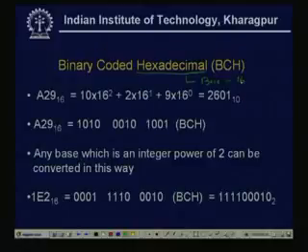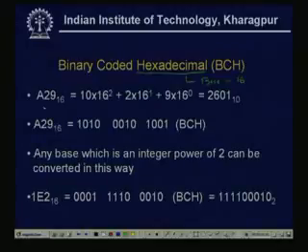Already we have read in the last class. Now, we see how hexadecimal numbers are converted into binary coded numbers. This is very similar to our BCO, the binary coded octal.